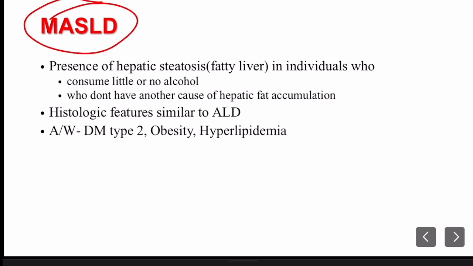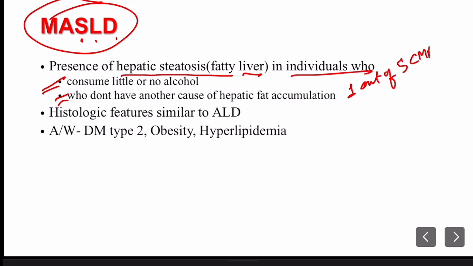So what is MASLD? It is metabolic dysfunction associated steatotic liver disease, and there is presence of hepatic steatosis, fatty liver, in individuals who consume very little or no alcohol and who do not have any other cause of hepatic fat accumulation. And as we studied, there should be presence of one out of those 5 cardiometabolic risk factors.